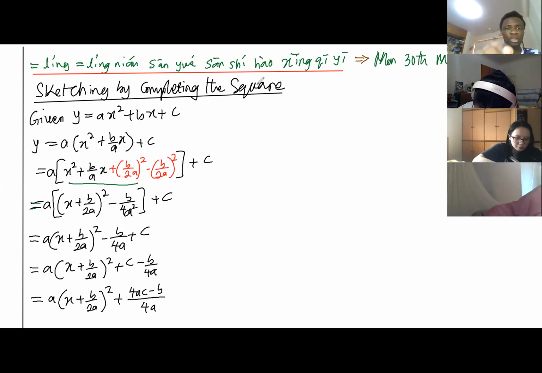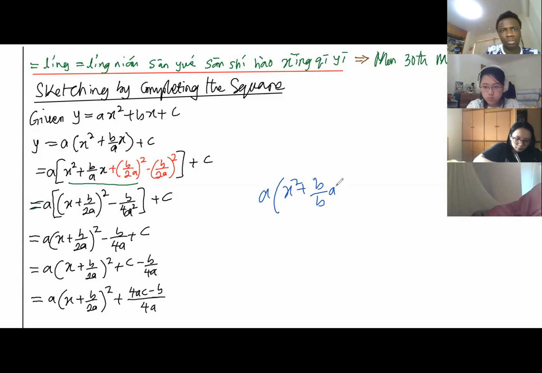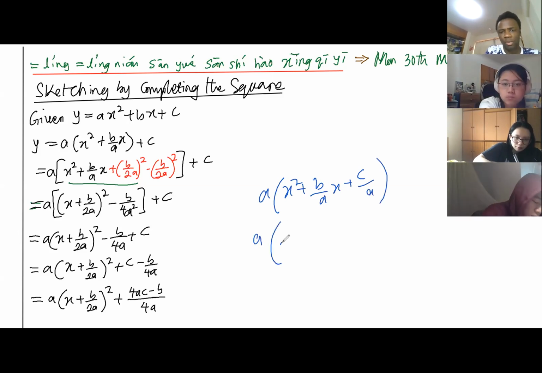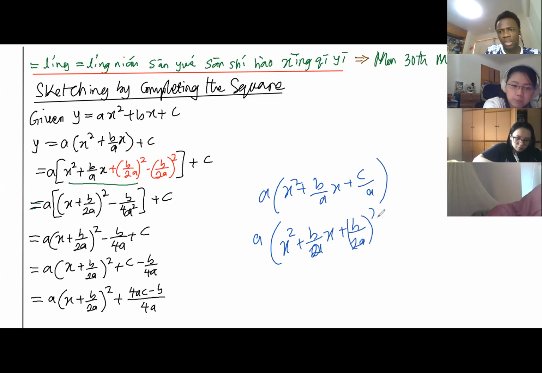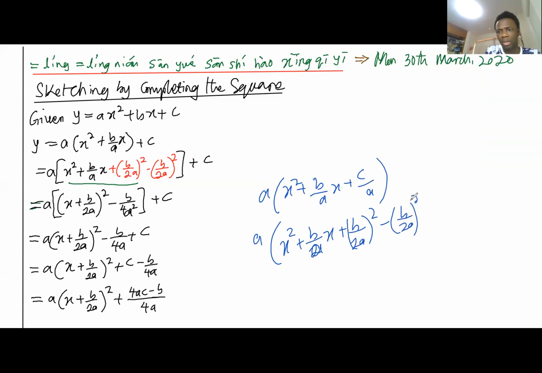So what we could have done differently, based on what Ethan asked, is if you have everything in a bracket, our completing the square would be in the bracket. We have our b over 2a squared minus b over 2a squared, then plus c over a, everything in one bracket.